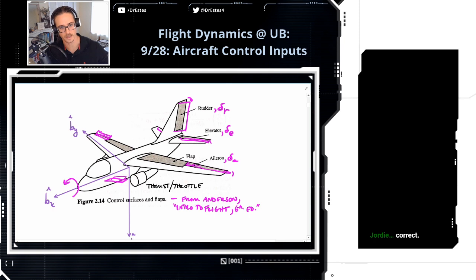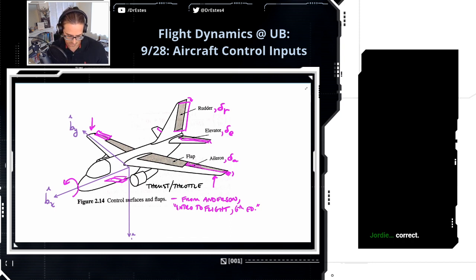So in this case, if I put this aileron down on the left wing and the other one up, this wing's going to get more lift, this one's going to get less, and it'll kind of rotate like that. All right, so these are the control surfaces I'm talking about: rudder, elevator, and aileron.